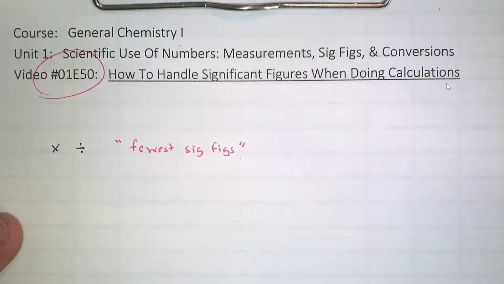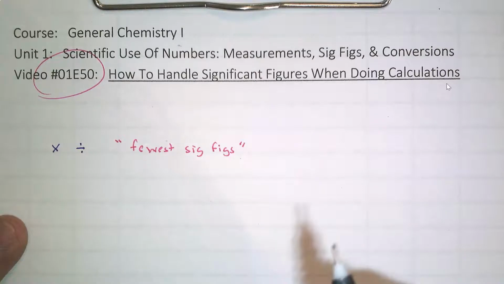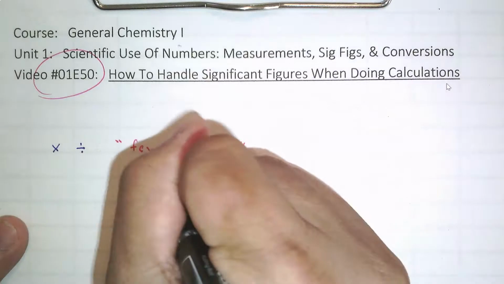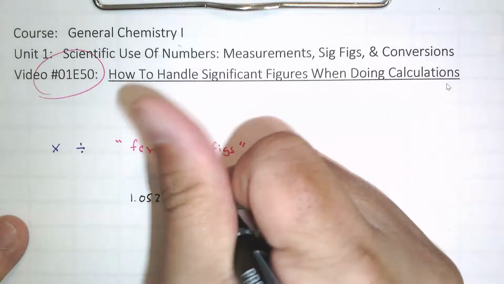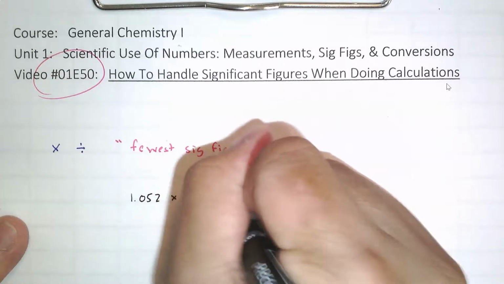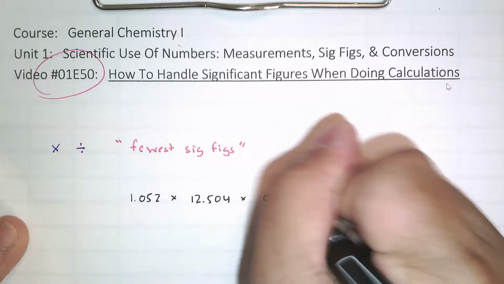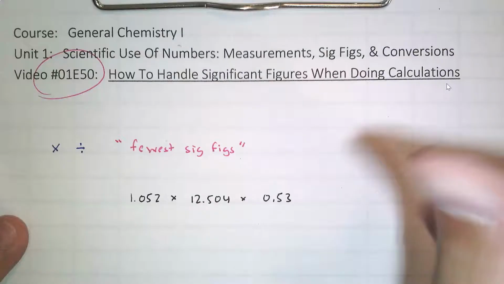What does that mean? Let's say we have a problem that says we multiply 1.052 times 12.504 times 0.53 equals.